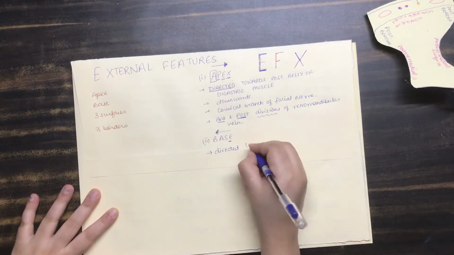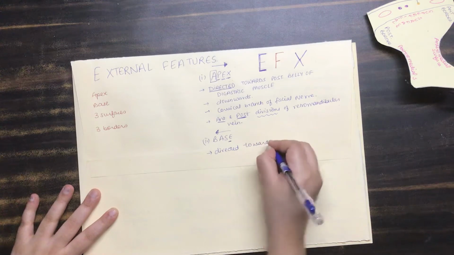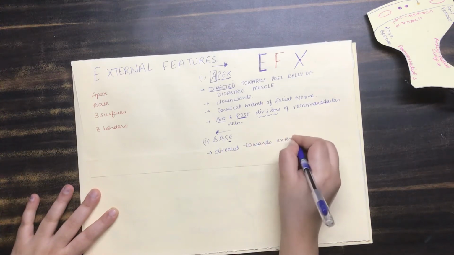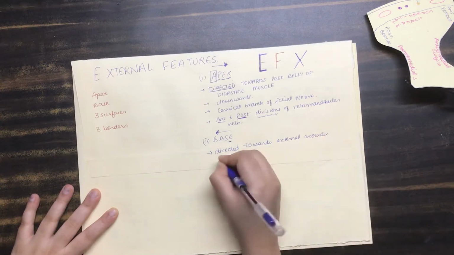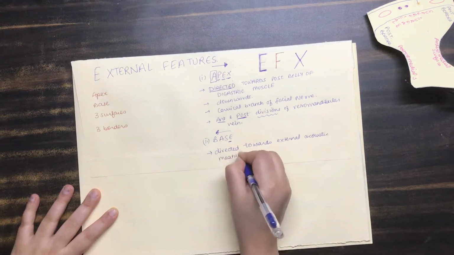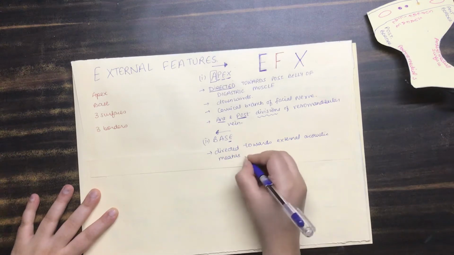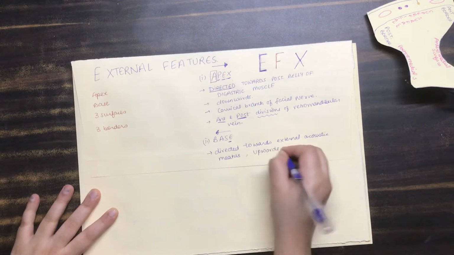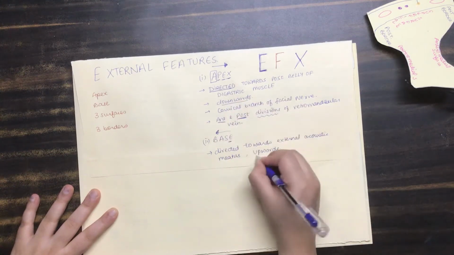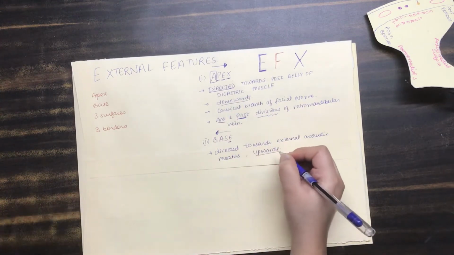So this is directed towards the external acoustic meatus, which, as you all know, is present upwards. Obviously it's the opposite: if the apex is directed downwards, the base has to be directed upwards.